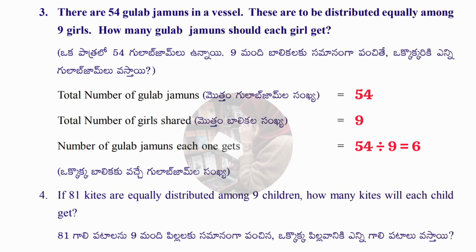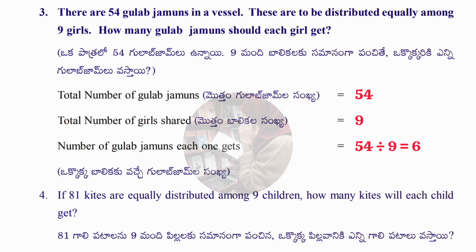Okay, total number of girls sharing is 9. So number of gulab jamuns each girl gets is 54 divided by 9. If you do the division, you will get the answer as 6. 9 6s are 54. So each girl will get 6 gulab jamuns equally.